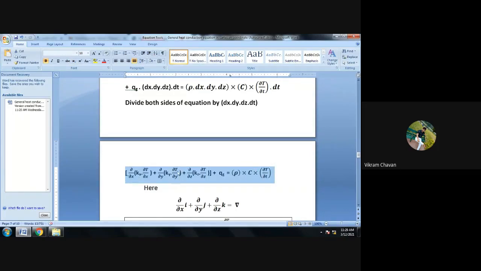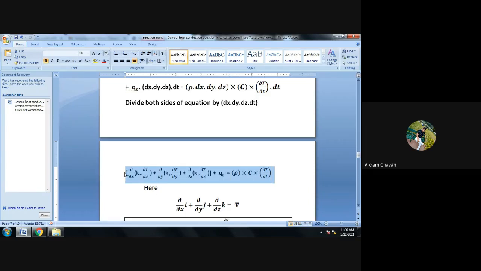We will get this particular equation: partial differentiation with respect to x of k suffix x multiplied by ∂T/∂x, plus partial differentiation with respect to y of k suffix y multiplied by ∂T/∂y, plus partial differentiation with respect to z of k suffix z multiplied by ∂T/∂z, plus q suffix g is equal to rho multiplied by c multiplied by the change in temperature with respect to time, that is ∂T/∂t. Here ∂T is the incremental change in temperature, whereas ∂t is the incremental change in time.